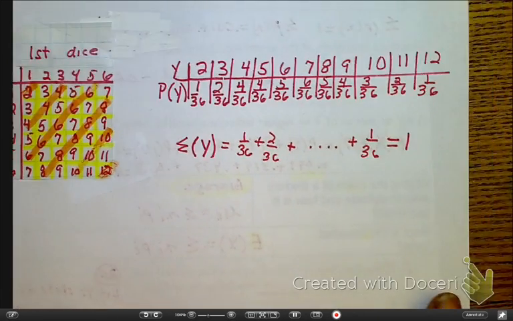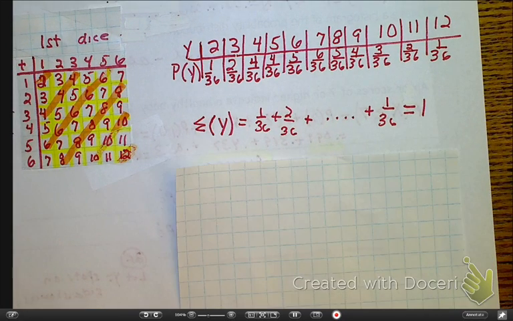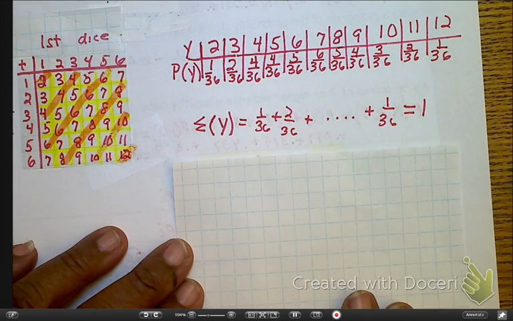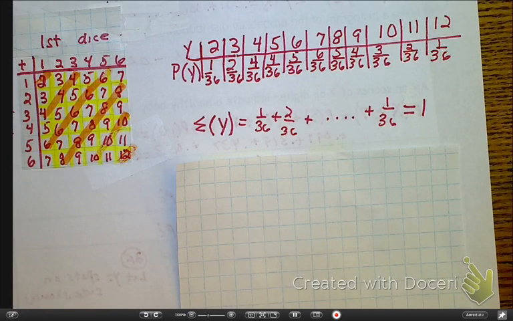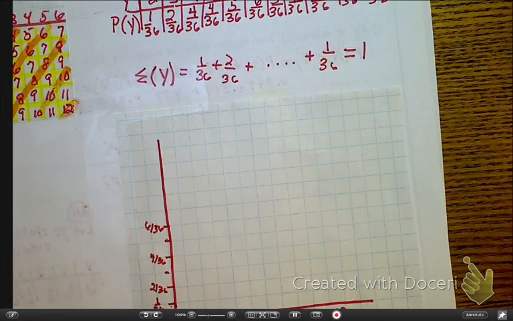And now I'm going to do my histogram. I'm using some graph paper so that my histogram comes out neat, because I don't have a pretty book copy like I did. Okay, so here I have this. And here's for 2 out of 36. There's another one that's 1 out of 36.